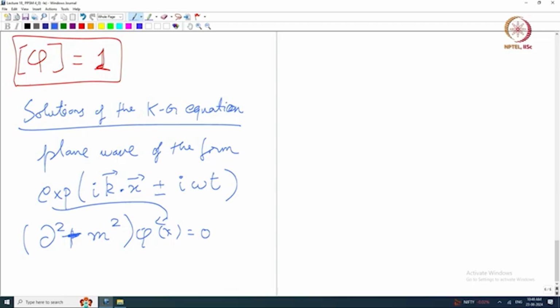So, I am going to wrap up this class by writing out the solution for the field in even broader terms, and then in the next class we will take up some relations between the operators that I am going to write down. Okay. So, in general this would mean I can do a mode expansion on the fields.